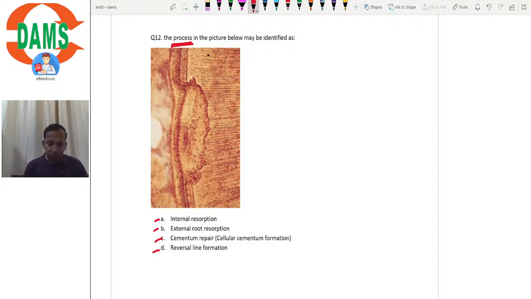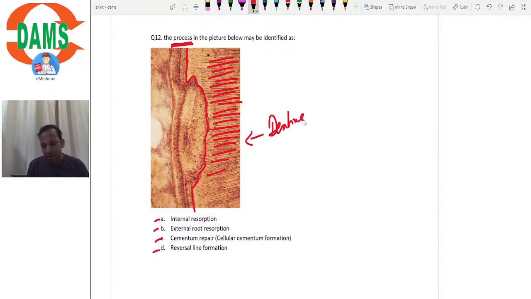And you can see clearly that some sort of resorption has been going on here, and the internal tissue here has line-like structures, so probably this is dentine. Then you can appreciate this narrow band of tissue here which has overgrown in this defect.